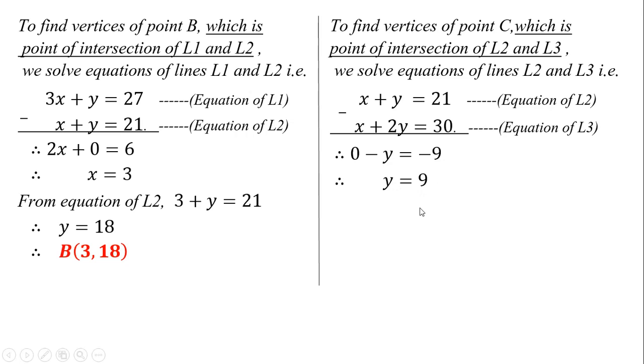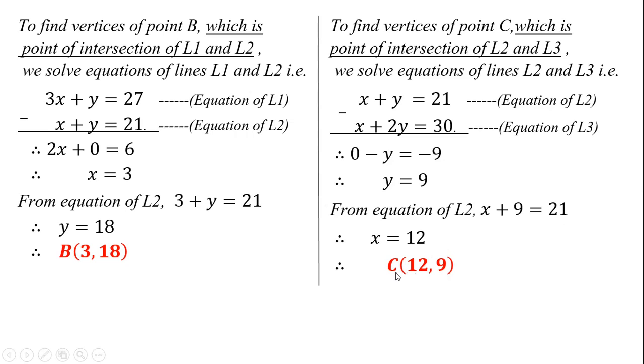So we get y is equal to 9. Substituting y is equal to 9 in the equation of L2, we get x plus 9 equal to 21, therefore x is equal to 12. So we get the coordinates of this point 12, 9. We denote this point by C. So we have denoted these 2 points in the graph, B 3, 18, C 12, 9.